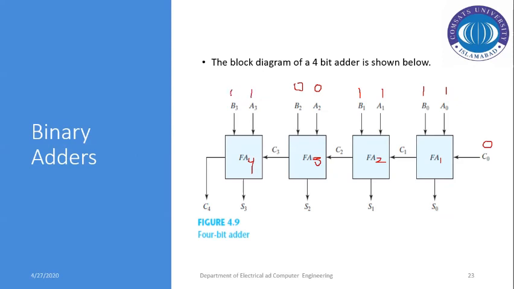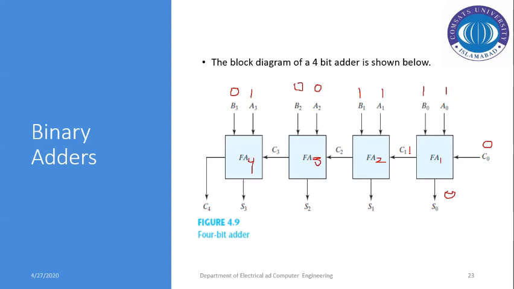For the first addition, 1 is being added with 1 and with the default 0. The sum result is basically 0 and the carry is forwarded for the next addition, and this process will continue.